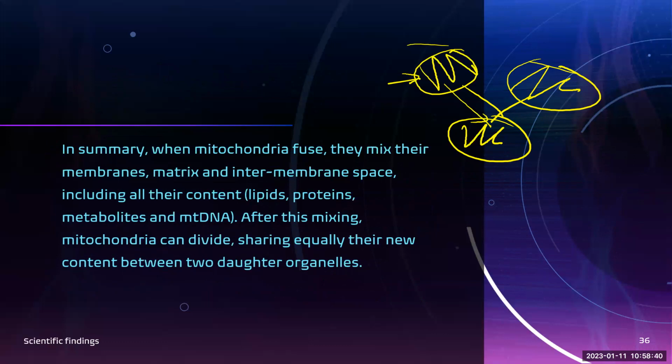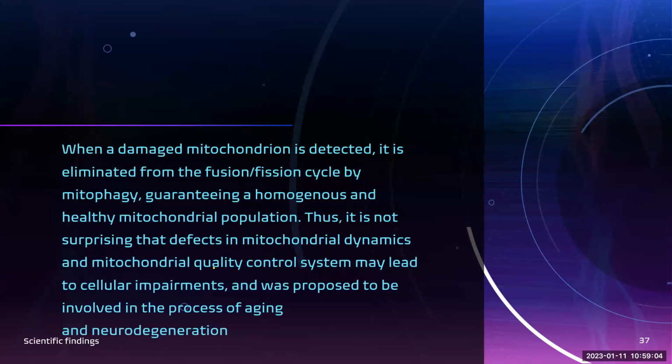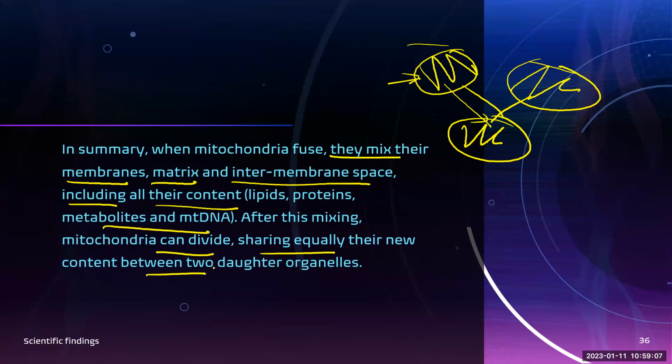The summary is, when mitochondria fuse, they mix their membranes, matrix, and intermembrane space, including all their content and mitochondrial DNA. After this mixing, mitochondria can divide, sharing quality equally, with new content between two daughter organelles. Basically, the good organelles are the ones that remain in the new mitochondria, right?